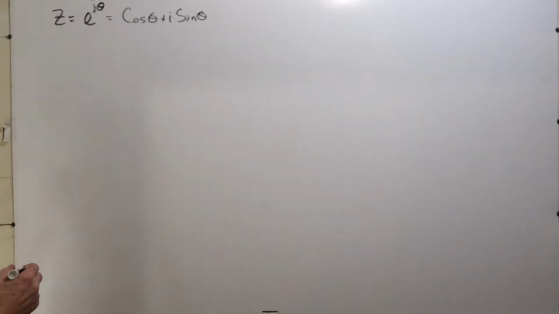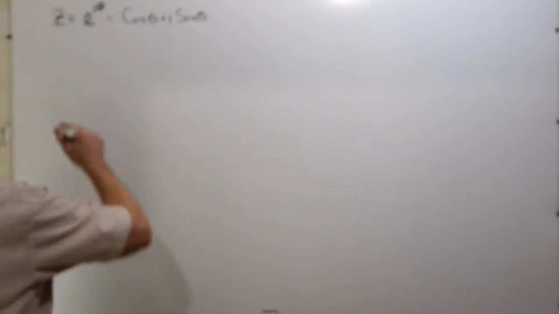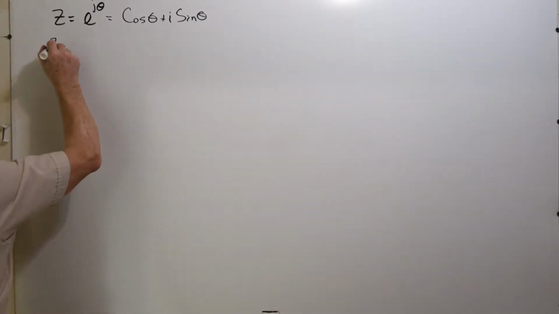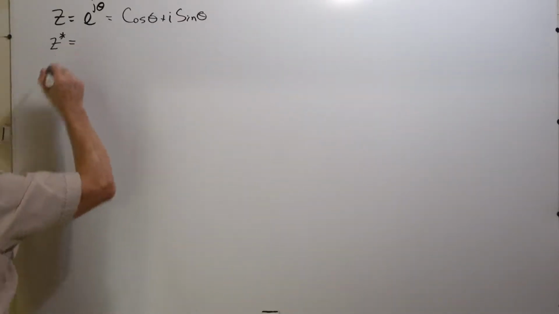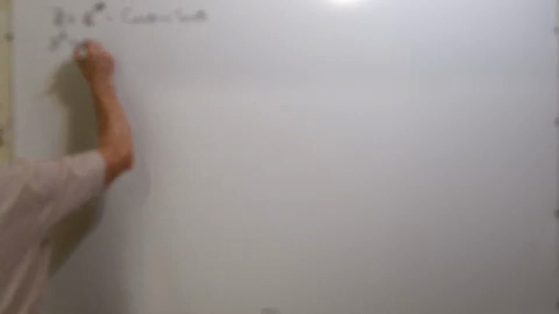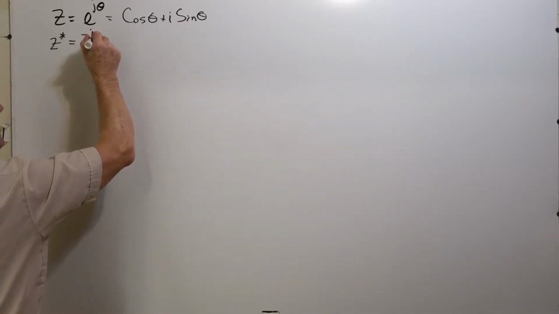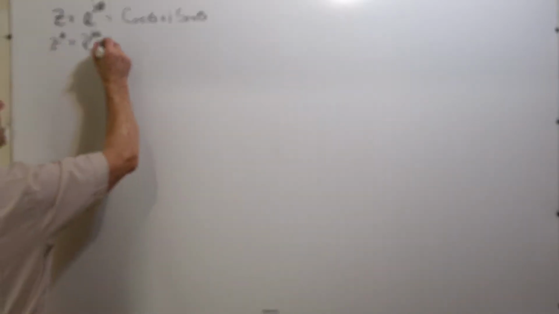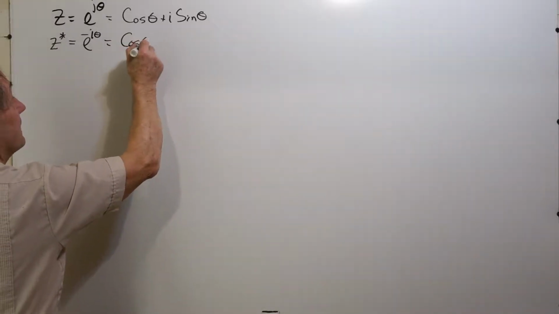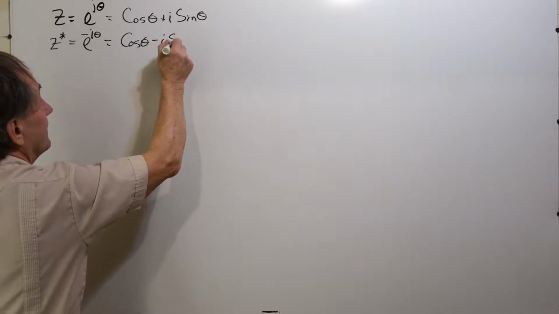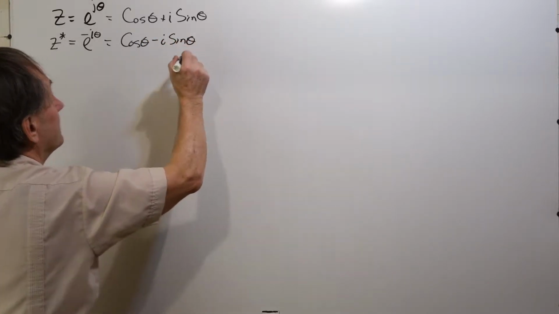This is Euler's identity. Now, if we write a similar identity for the complex conjugate of z, we know that the complex conjugate of z is just minus the angle. So it's e to the minus i theta, which is cosine of theta minus i sine of theta.